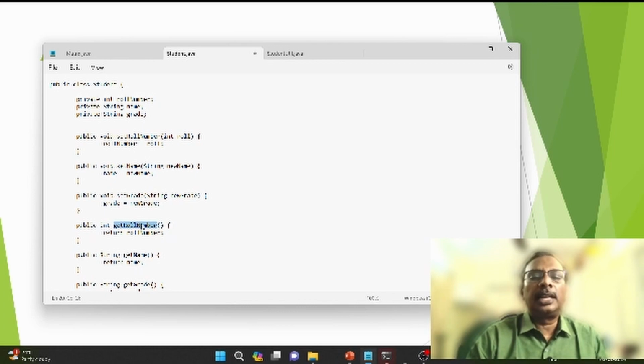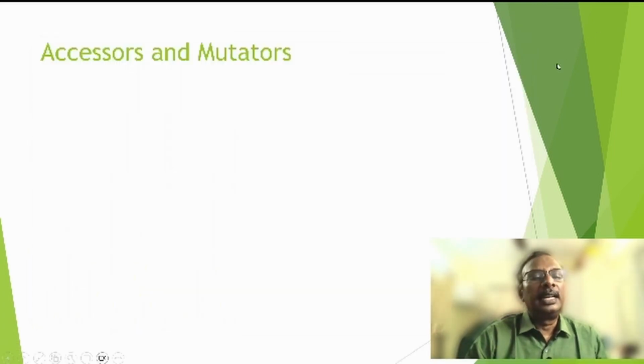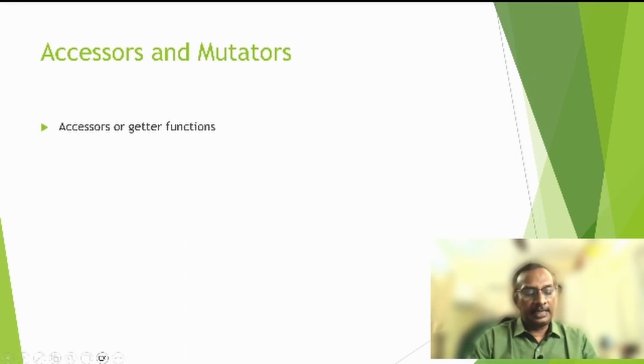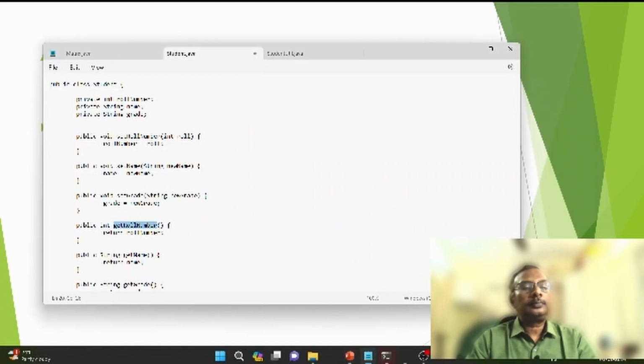So accessors can also be called getter functions. Accessors or getter functions are basically defined in such a way that if the variable name is roll number, we will define that as get roll number. We will prefix that variable name with a get, and then we will return the value. So this is basically an accessor.